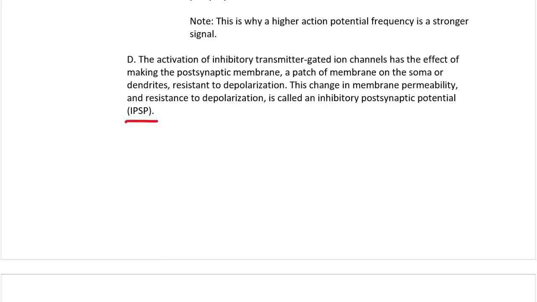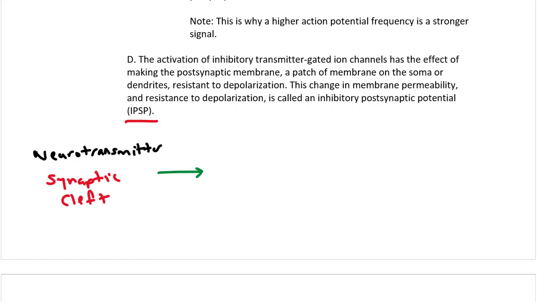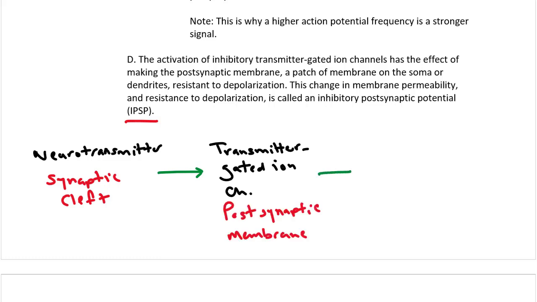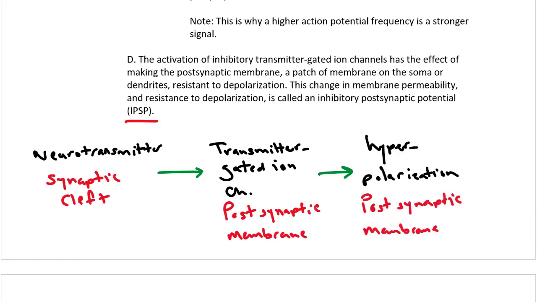So we can draw this out exactly the same way we had it before. We have neurotransmitter release in the synaptic cleft, which leads to the activation of transmitter-gated ion channels, and this is on the postsynaptic membrane. And this leads to hyperpolarization of the postsynaptic membrane. And this makes this patch of membrane resistant to depolarization.